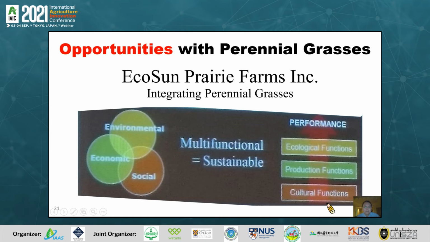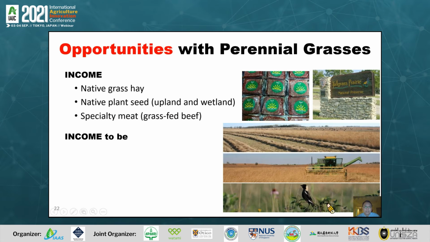And their core value, they believe providing multifunction means sustainable because they can have ecological functions, production functions, and also cultural functions.